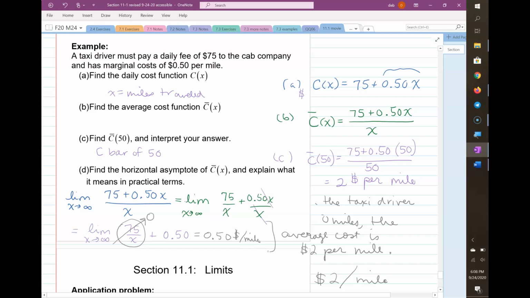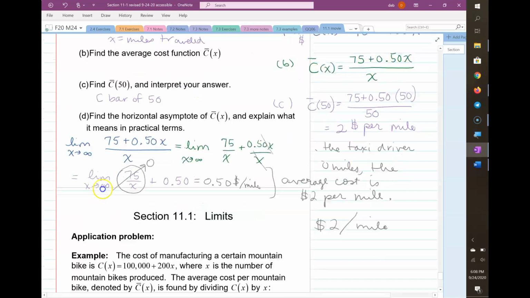You're taking your $75 daily fee and spreading it out over more and more miles. You're dividing by a bigger and bigger number. And another word for x going to infinity is eventually. What happens eventually as you drive more and more miles? Your average cost gets closer and closer to 50 cents per mile.